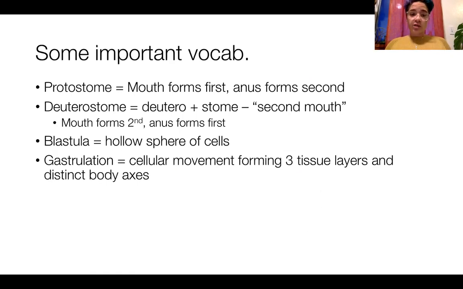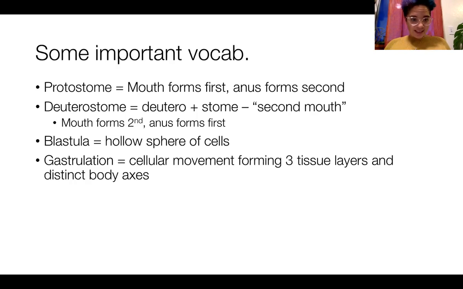In protostomes, the mouth forms first and the anus forms second. I like to remember deuterostome because deutero plus stome in Latin means second mouth, meaning the mouth forms second. Proto means first, so you can also remember that the mouth forms first in protostomes.